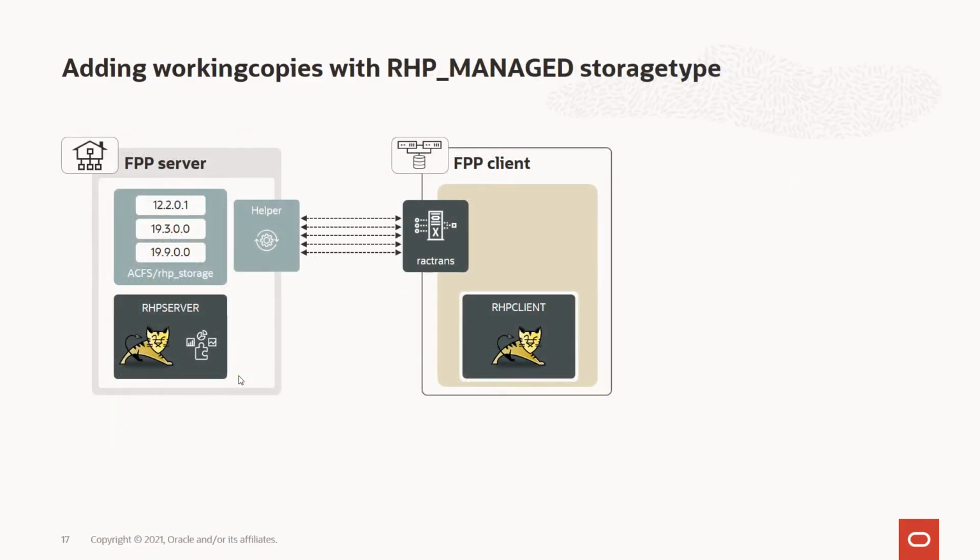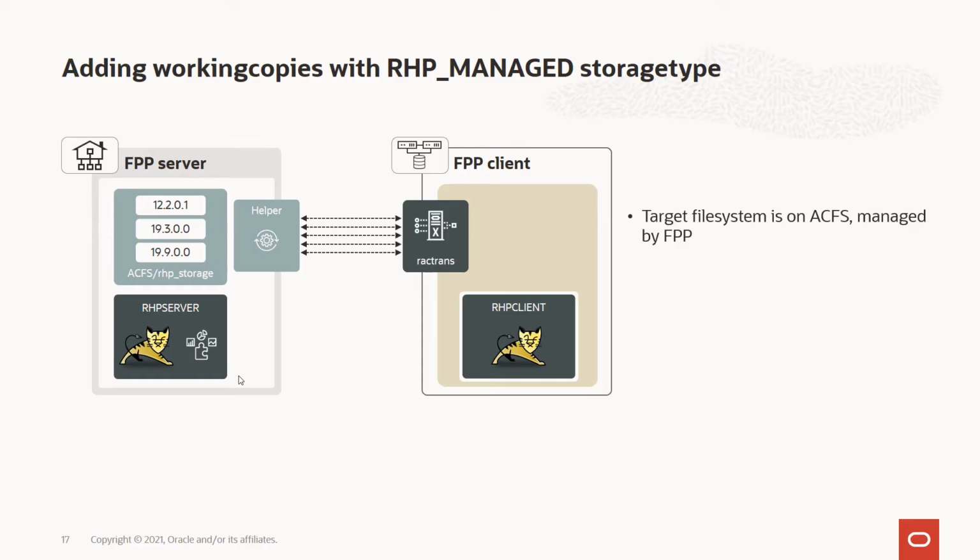The other way to deploy working copies is using the RHP managed storage type. So when we configure the RHP client, as we've seen before, we can specify an ASM disk group that will be used by the RHP client to create the ACFS file system that will be used to store the working copies.